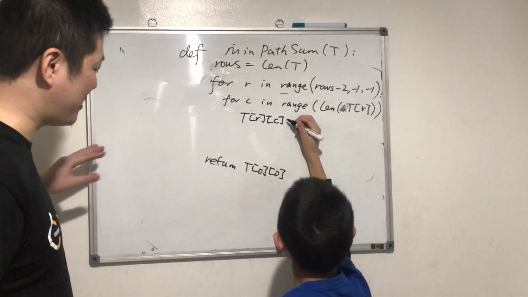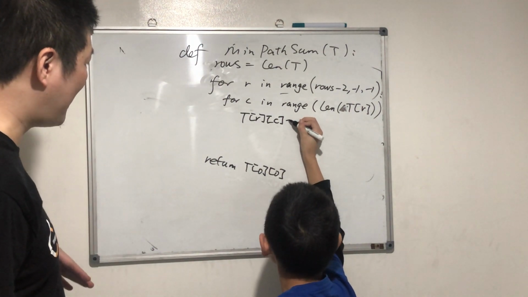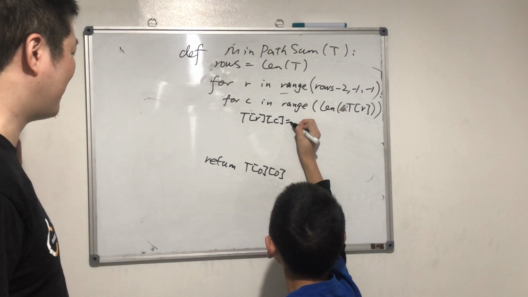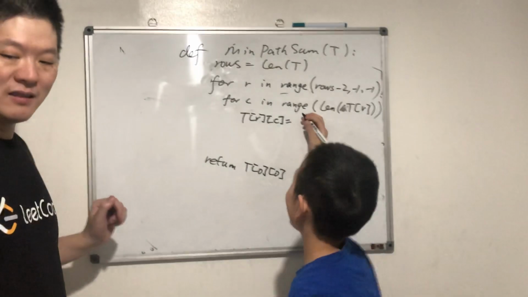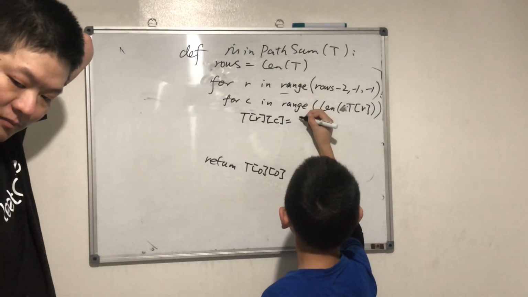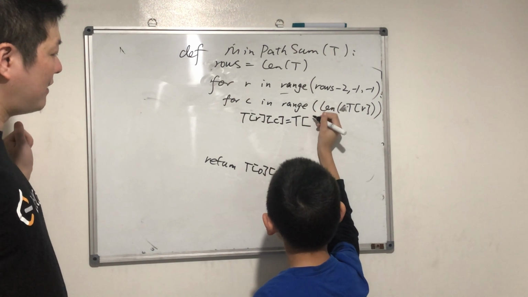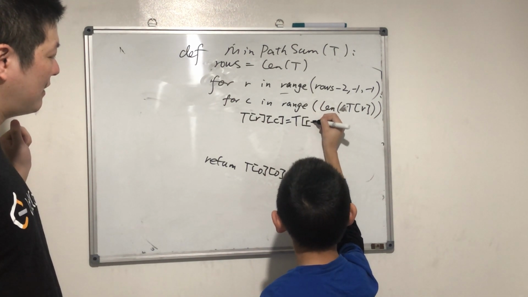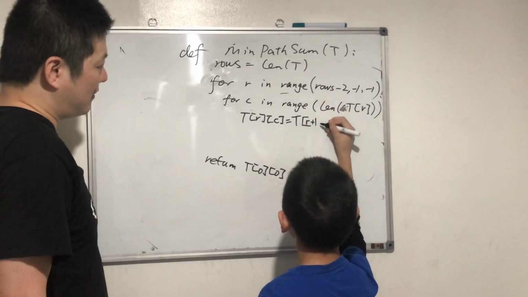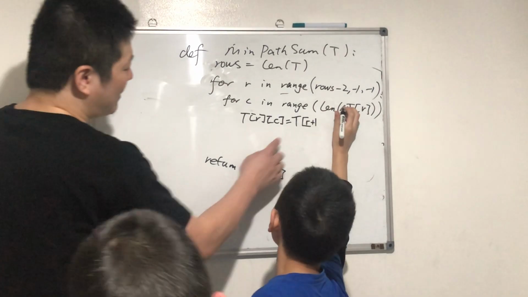You need to pick the value from the next row. Add equal or equal, it doesn't matter. You want to pick the minimum, right? Oh yeah, I forgot min.